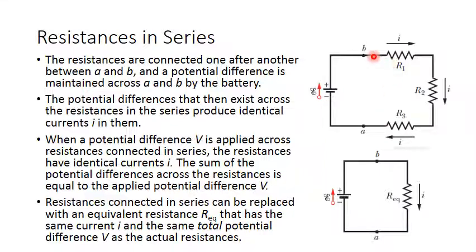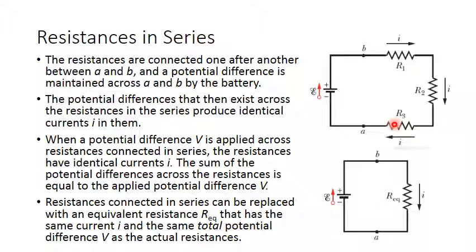Terminal 2 of resistance 1 is connected to terminal 1 of resistance 2, and terminal 2 of resistance 2 is connected to terminal 1 of resistance 3, and so on. In this case, we say that they are series connected.